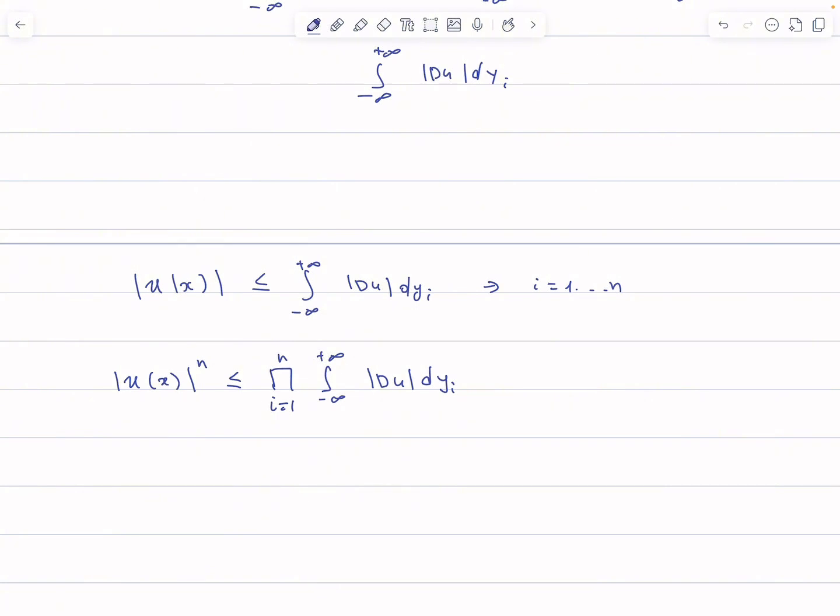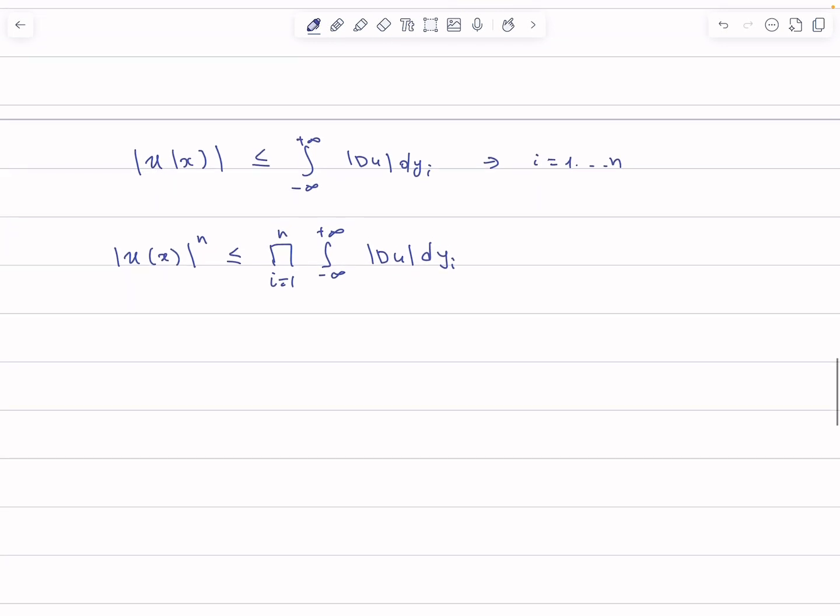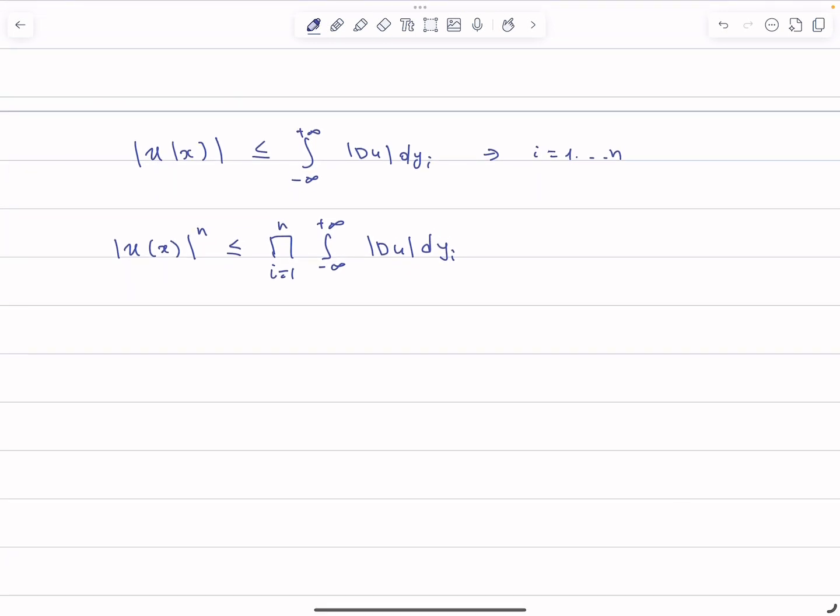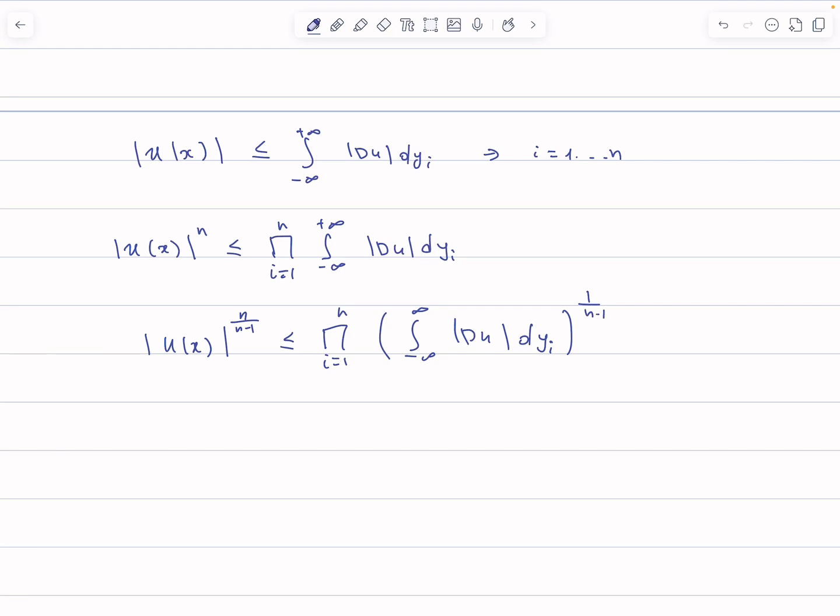Now we take the power 1 over n minus 1 from both sides: |u(x)|^(n/(n-1)) is less or equal than the product for i from 1 to n of the integral from minus infinity to plus infinity of |Du| dyi, to the power 1 over n minus 1. We take this power from both sides.